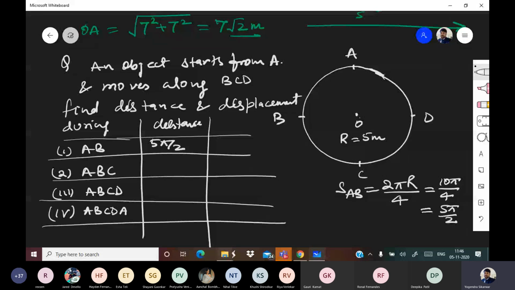Then 15 pi by 2. And then 10 pi. So this is distance.